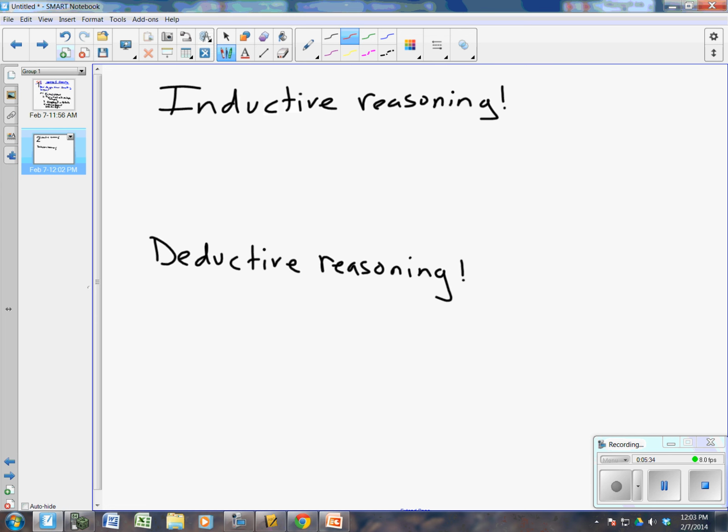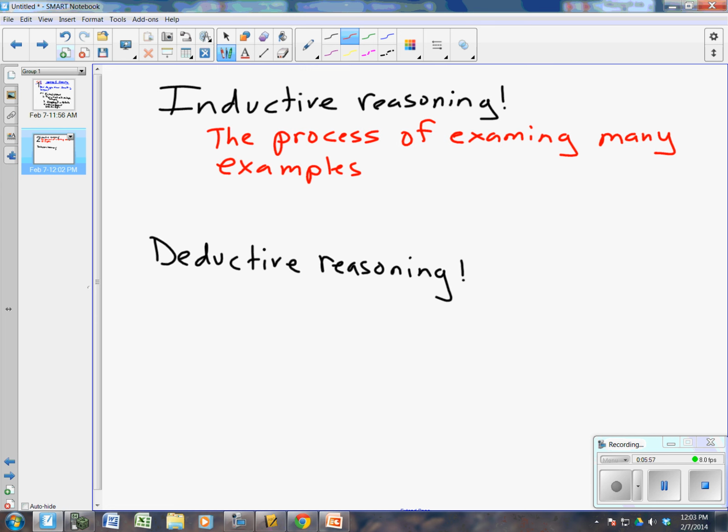Inductive reasoning is basically the process of examining many examples, noticing a pattern, and stating a conjecture.